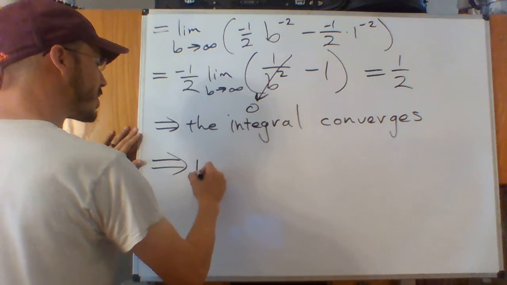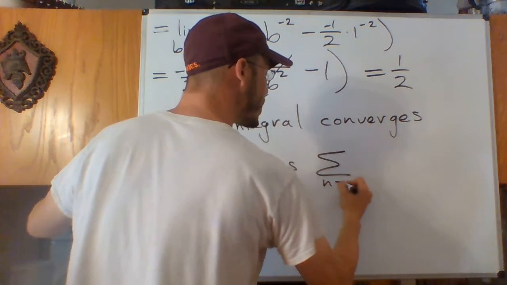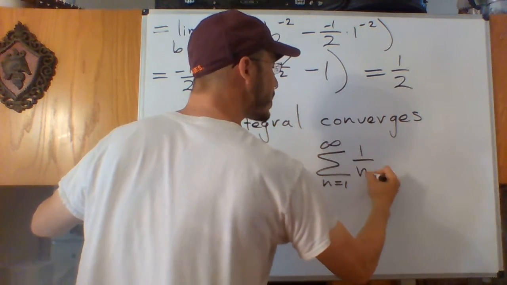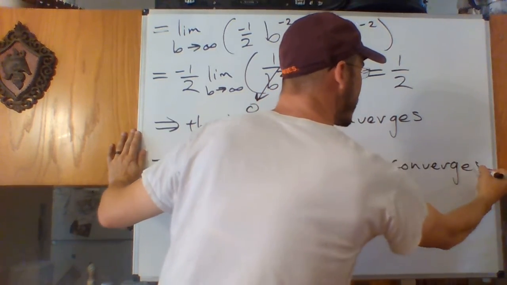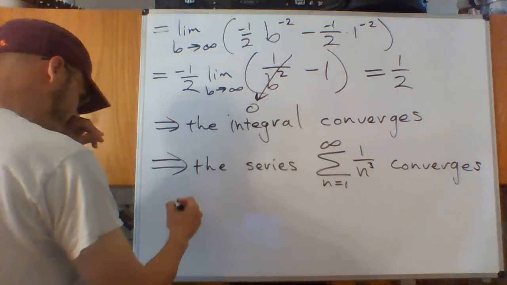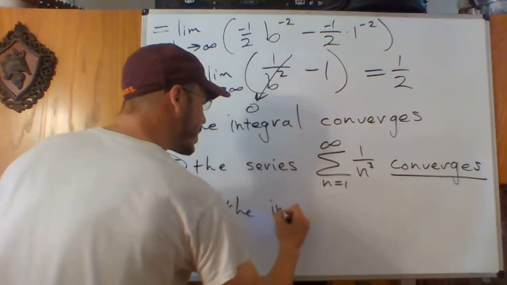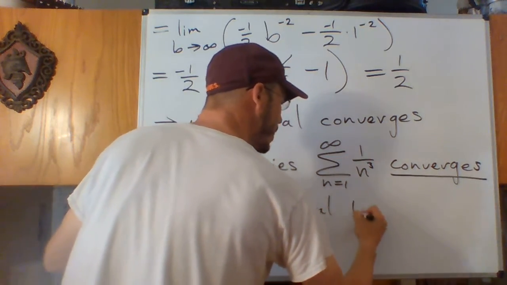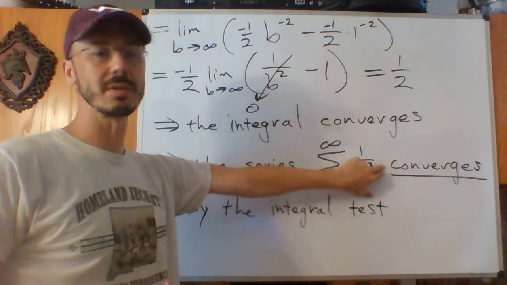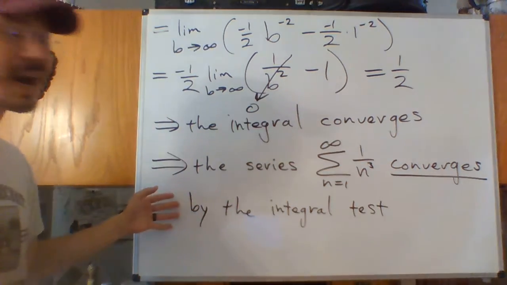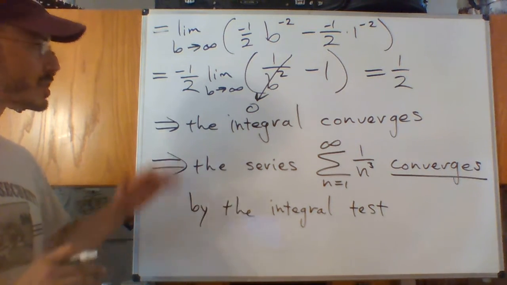That means the series sum from n equals 1 to infinity of 1 over n cubed converges. And that's what we're looking for, it converges, by the integral test. So here I'm not only saying the answer, which is that the series converges, but also why. The reasoning that I'm using is the integral test, and that's a good thing to note in your answers.